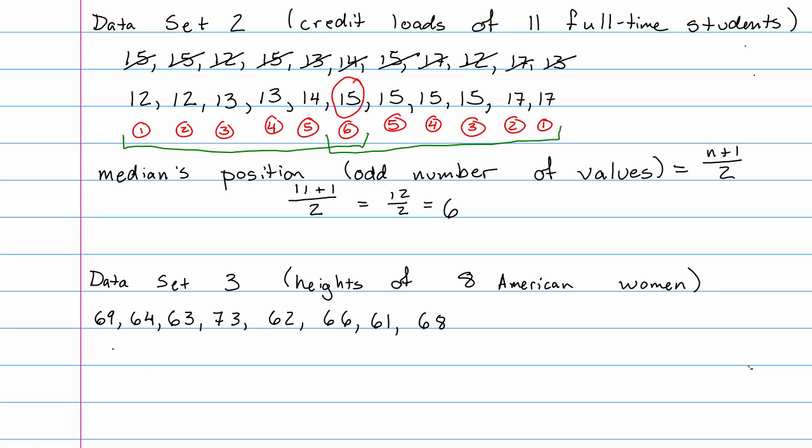Let's see, the smallest value is a 61, then a 62, then a 63, and then a 64. Let's see, the next smallest is a 66, and then a 68, and then a 69, and then a 73.